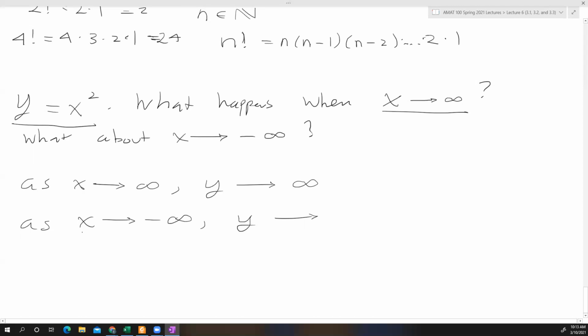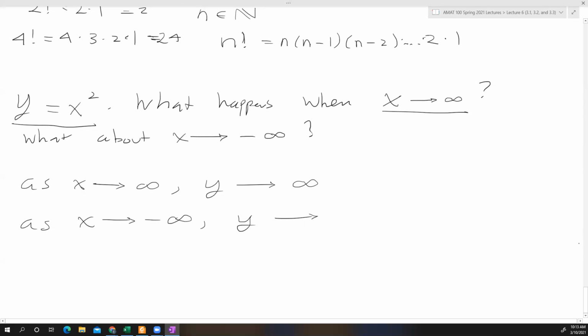Take x equal to negative 10. You square that and you get positive 100. Now you plug in negative 100, you square that, you get 10,000. Negative becomes a positive. So you're seeing the same limiting behavior, or end behavior.